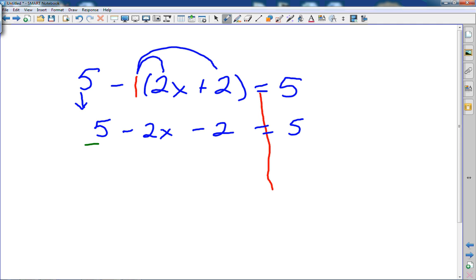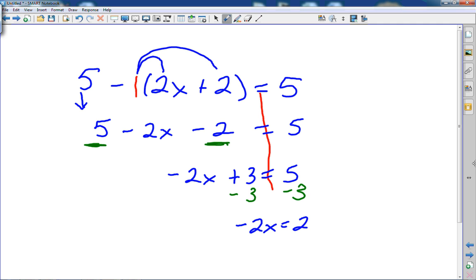Now I will put together the 5 minus the 2. I get negative 2x plus 3 equals 5. I'm going to subtract 3 from each side. I get negative 2x equals 2. I will divide by negative 2. I get x equals negative 1.